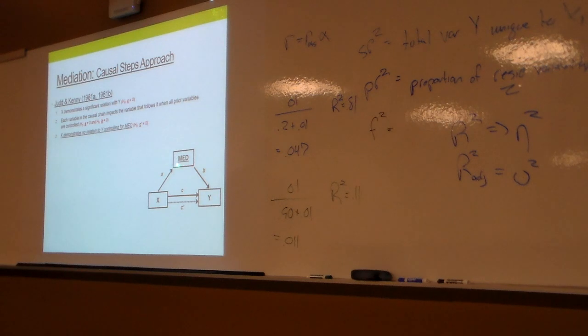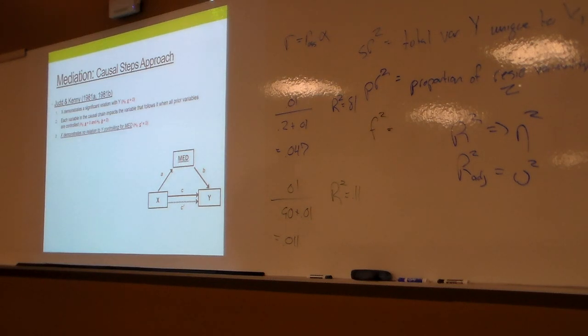So we need to establish that X is related to our mediator. Then we need to establish that my outcome is impacted by my mediator, controlling for this initial X. Everything to the left of this path needs to be accounted for.